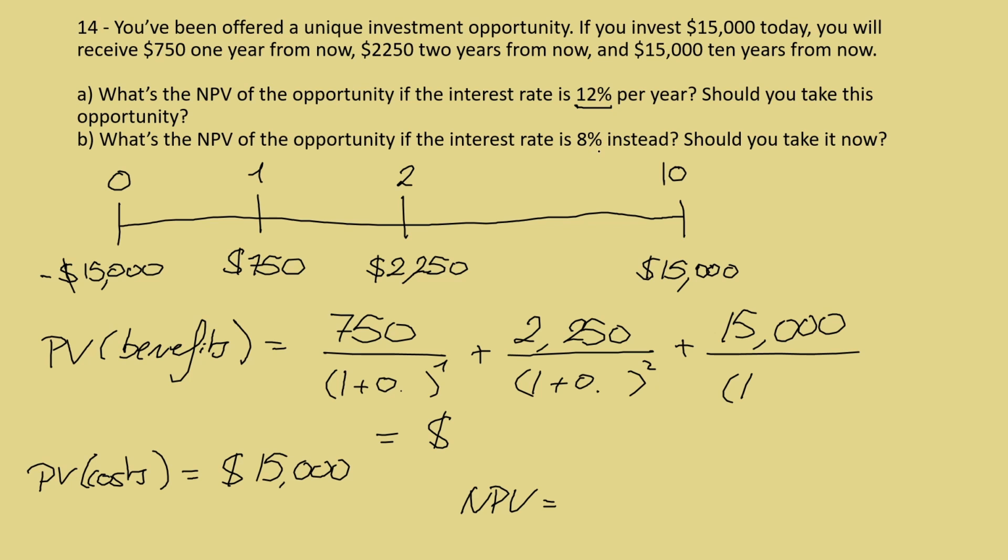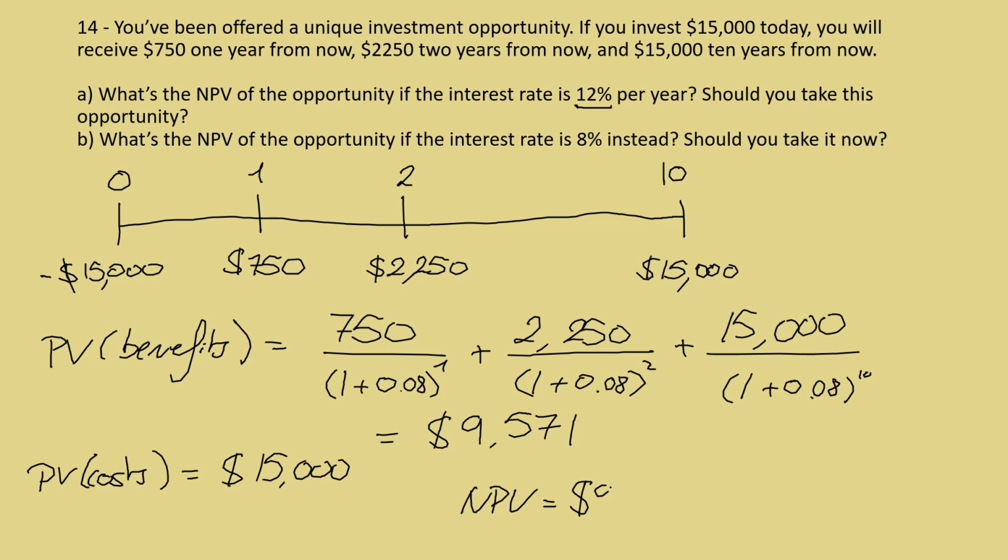So the interest rate is 8%, which in decimal places is 0.08. And then 1 plus 0.08 to the power of 10. And if you plug this into the calculator, you should get that the present value of the benefits is 9,571, so more than last time.